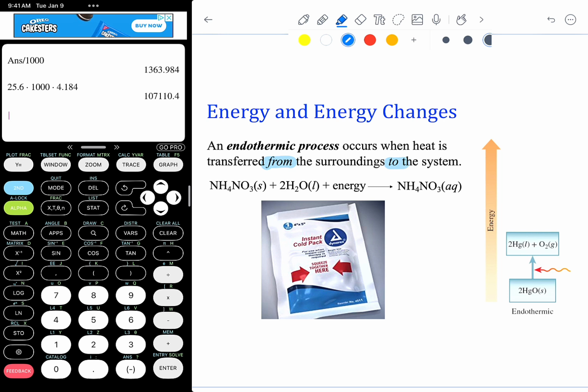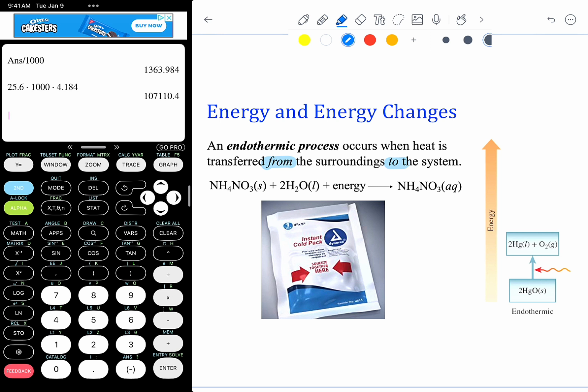This is what happens when you have cold packs. So in order for them to feel cold, heat has to be removed, because the removal of heat is something getting cold. Okay, so we have a reaction that's endothermic. It's taking heat from the surroundings and putting it into that chemical reaction, causing the surroundings to decrease in temperature, meaning the cold pack gets cold.